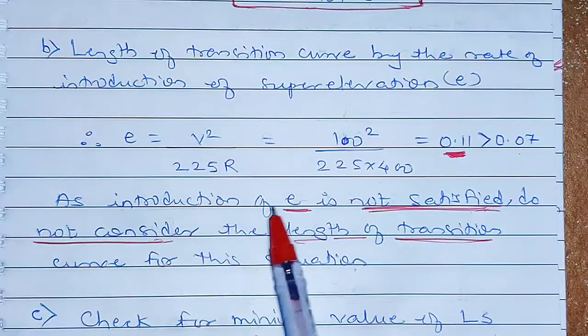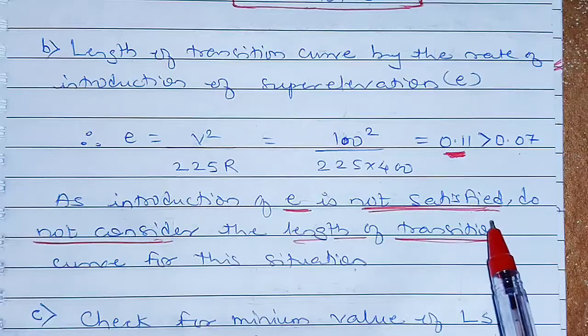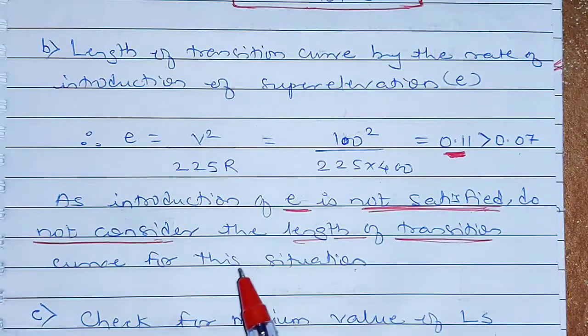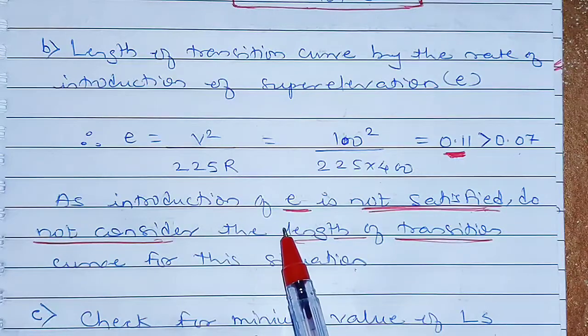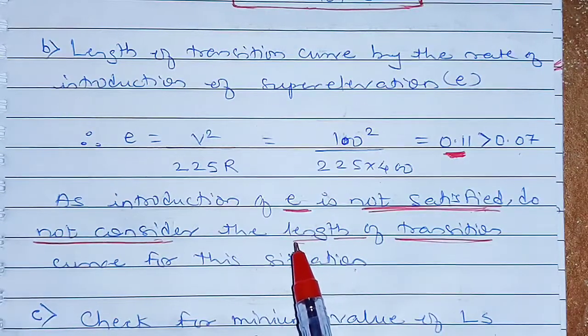As the introduction of super elevation E is not satisfied, we will not consider the length of the transition curve for this particular situation. Hence, we do not need to calculate the length of the transition curve for the rate of introduction of the super elevation E.